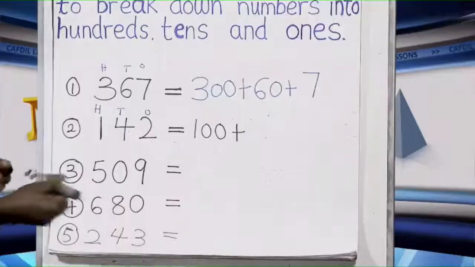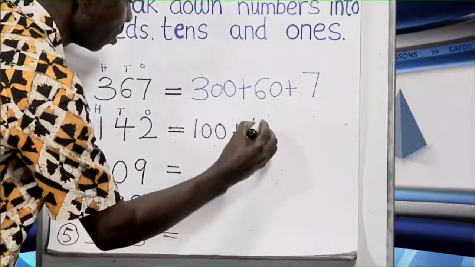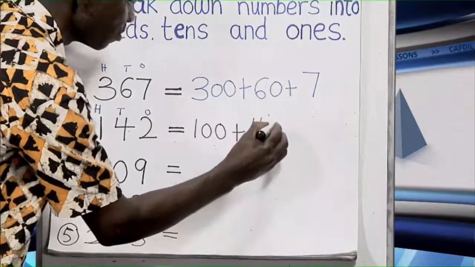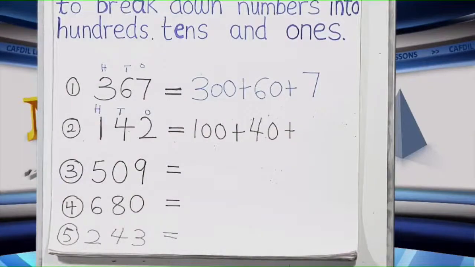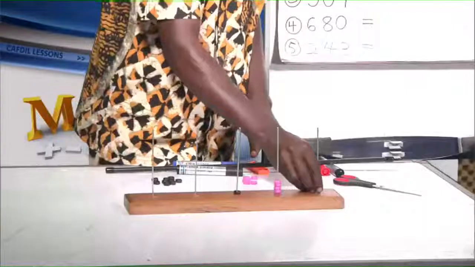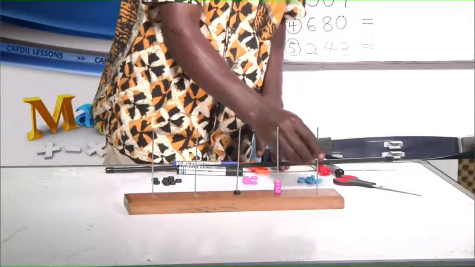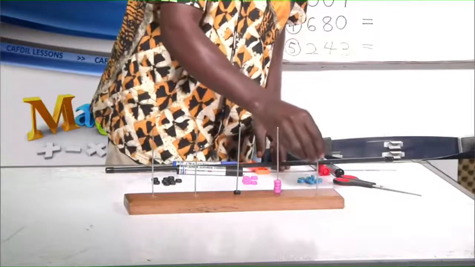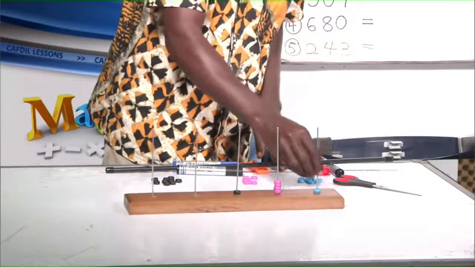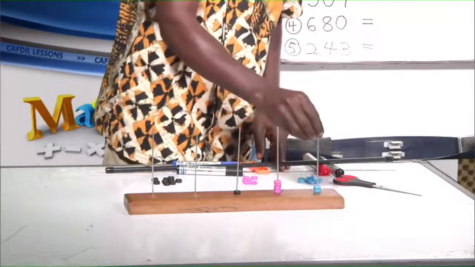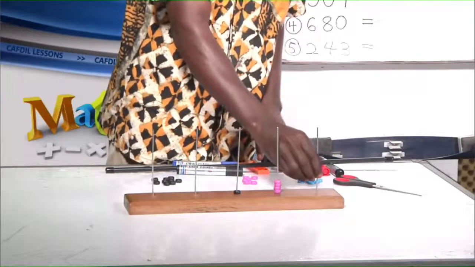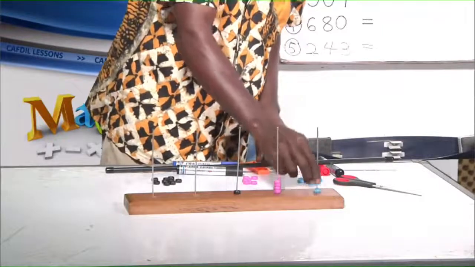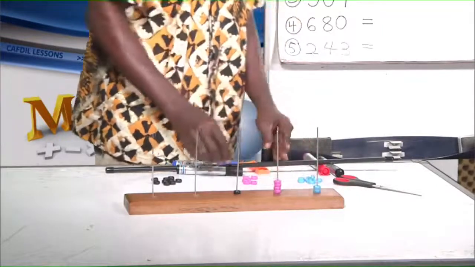So we can have 40. Now when we come to the ones column, we have beads. It is at the ones column. So each bead is 1. So we have 1, 2.